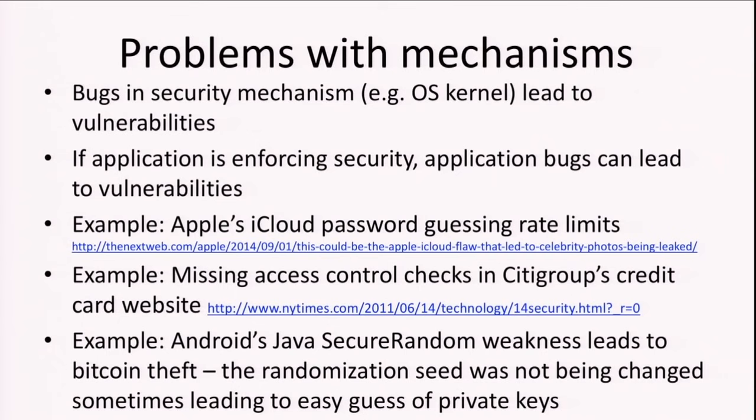But Apple had another application, Find My iPhone, and whoever designed it forgot to put in that password guessing limit. So you could make an unlimited number of guesses in that application.